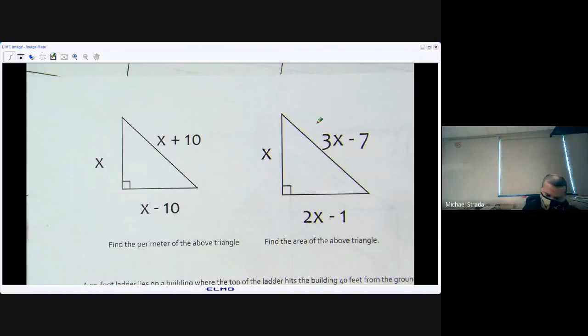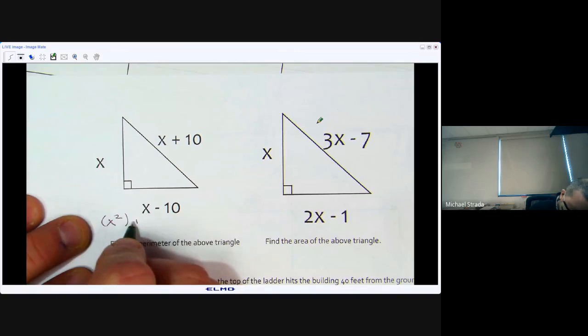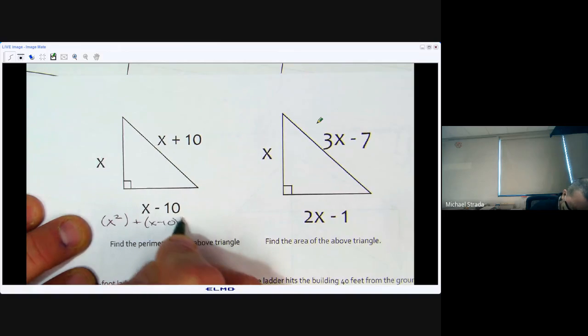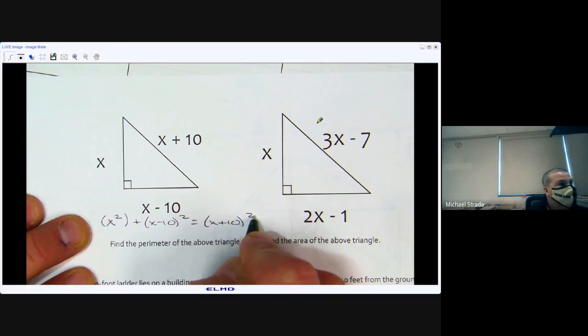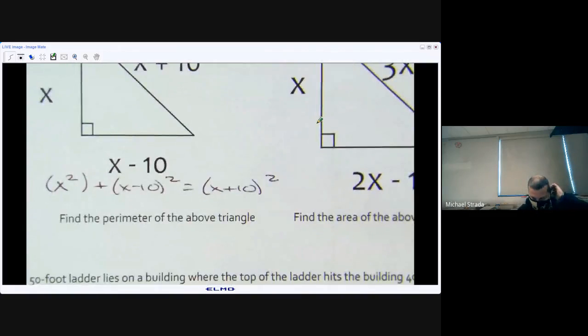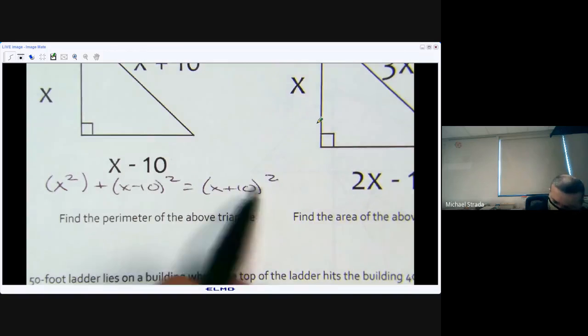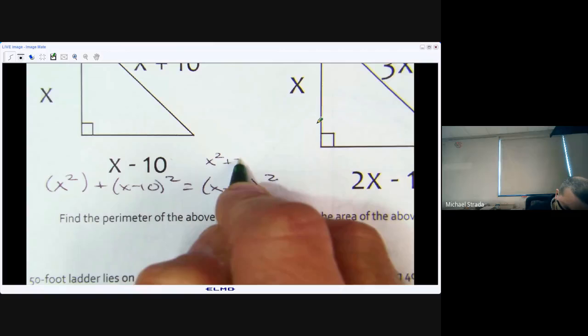So when you set them up, x squared plus x minus 10 squared equals x plus 10 squared. And then please realize that x plus 10 squared is not x squared plus 100. It's x squared plus 20x plus 100.